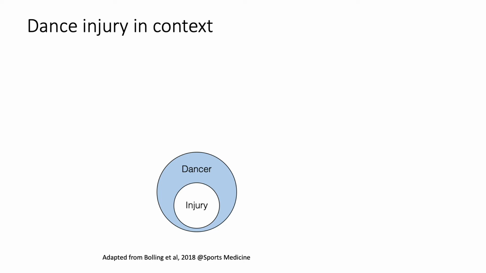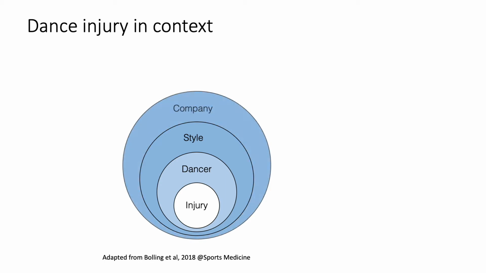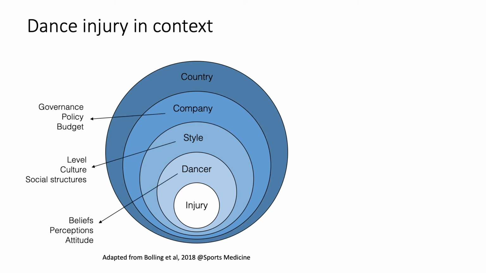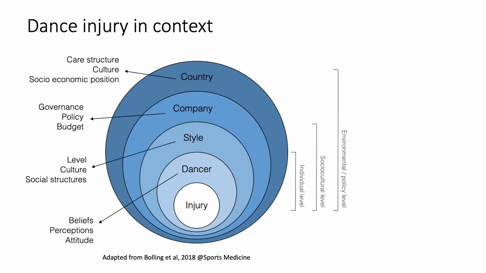But we need to keep the idea of the big picture, because this dancer dances a specific dance style in a specific company in a specific country. And there are a few things part of this that change the way that we can deal with, manage and prevent this injury.